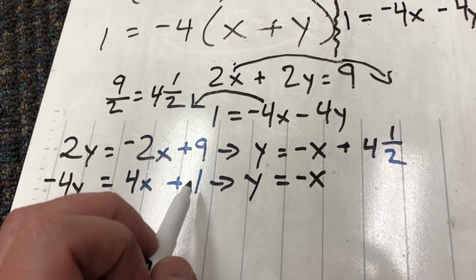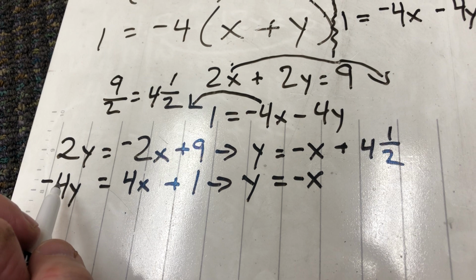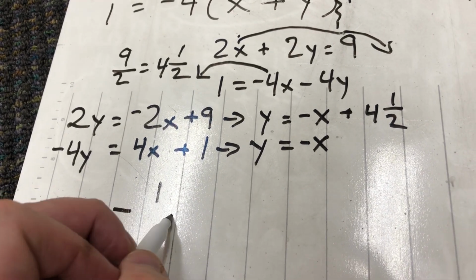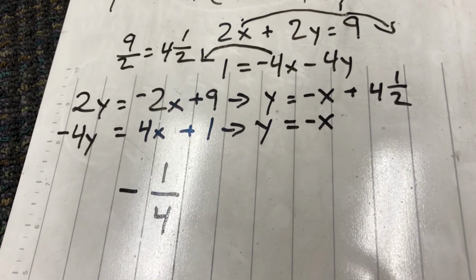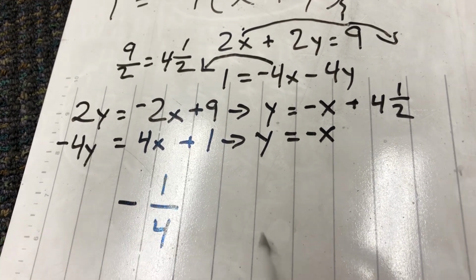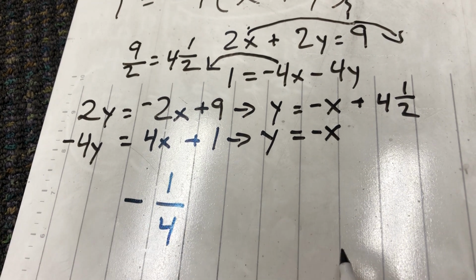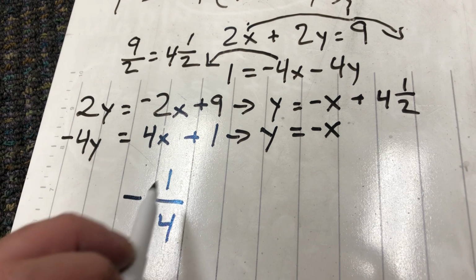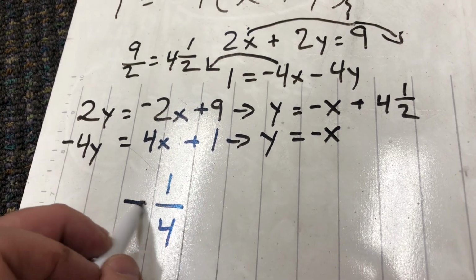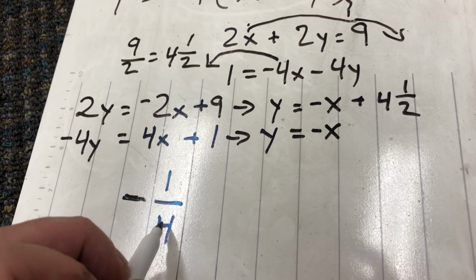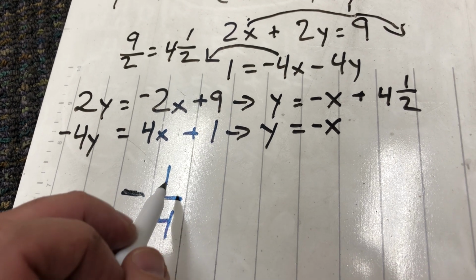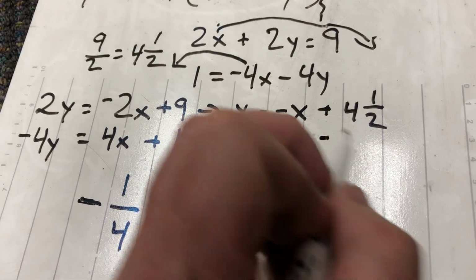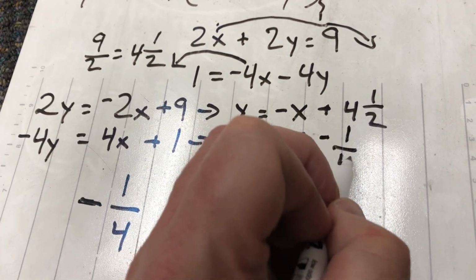When I take 1 and divide it by a negative 4, it becomes negative 1 divided by 4. A lot of algebra, folks, is just making division problem fractions. Just make sure they're in simplest form. A positive divided by a negative is a negative. A fraction is just a division problem, 1 divided by 4. So it's going to be negative x minus 1 over 4.